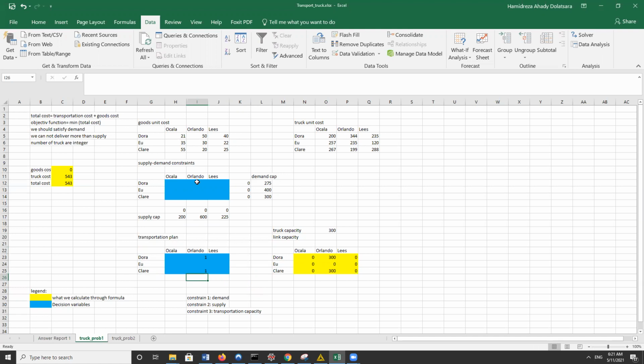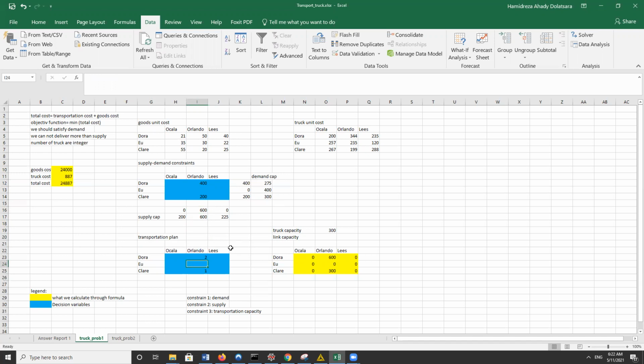So the truck plan shouldn't be 400 and 200 here. So 400 to Dora and Claire. First of all, that satisfies the demand constraint, but on top of that, here I'm sending 600, but my capacity is 300 units. So I cannot use it. I cannot just use one truck here, maybe two trucks.